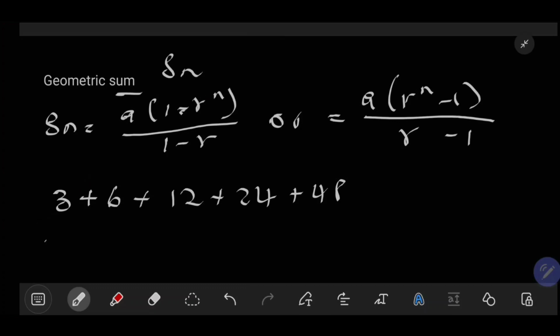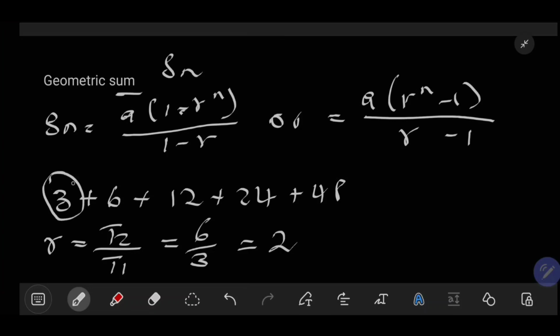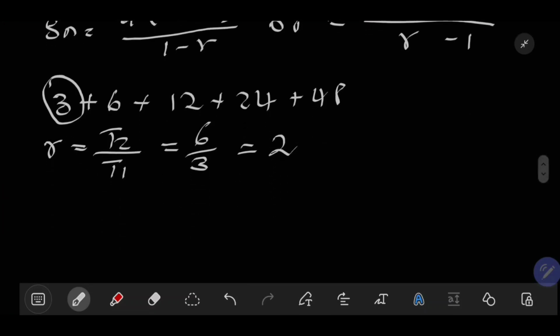To find our r value, we say t2 divided by t1. So we have 6 divided by 3, and then we have 2 as our r value. We also have our a value, which is the first term.